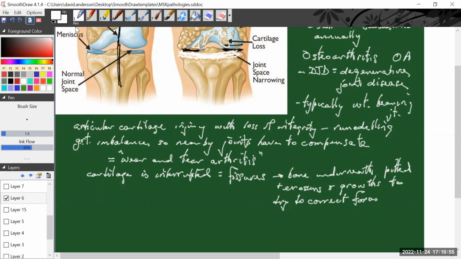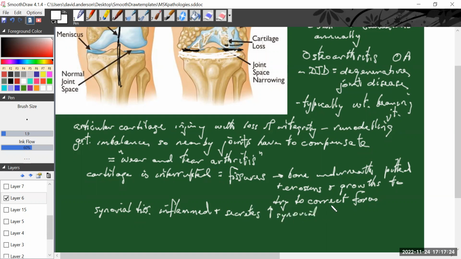The synovium, so that synovial tissue, is inflamed from the wear and tear and the injuries to both the cartilage and the bone tissue. And it's going to secrete more synovial fluid.